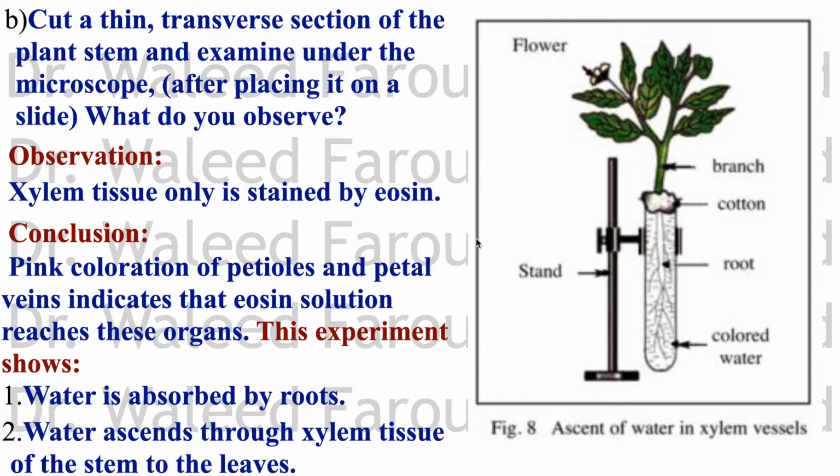The experiment shows that, first of all, water is absorbed by the roots, and we discussed that earlier. Remember what we talked about, imbibition and so forth, and the high concentration inside the root cells. And water ascends through the xylem tissue of the stem to the leaves, and this is proven by this experiment.